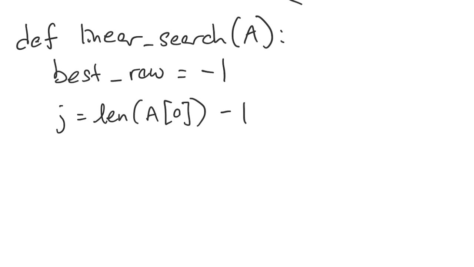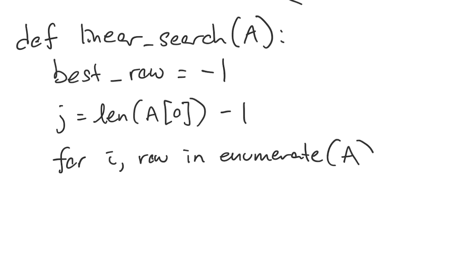And then we're going to loop through each row from top to bottom, although I suppose it doesn't matter, but this is the simplest way to look through the matrix. Enumerate A. Okay, so that helps us get the index I as well.